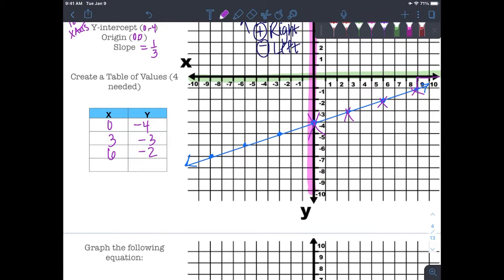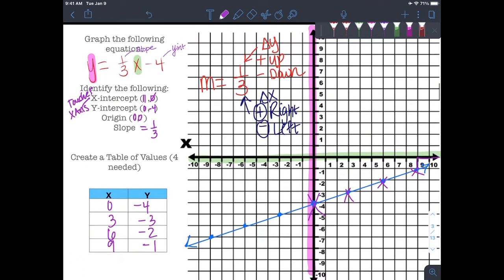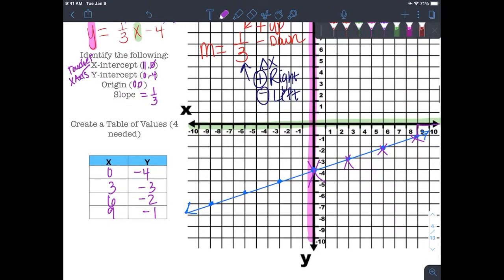And 9, -1. All right, that's everything you need to know about lines. But let's do a few more examples.